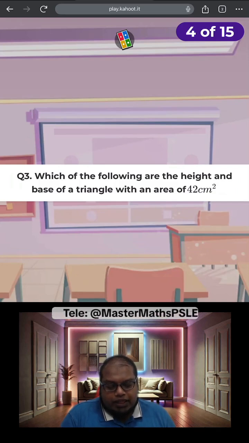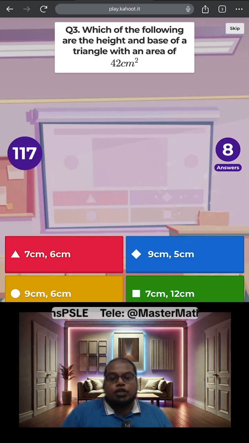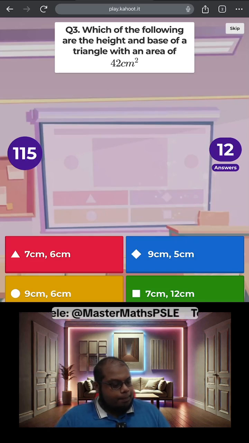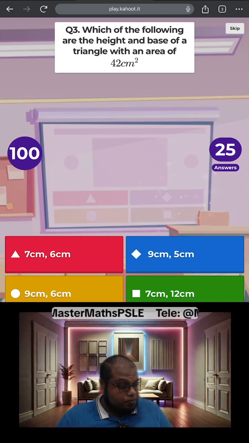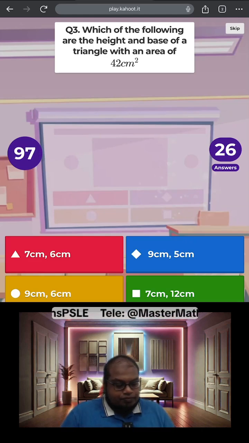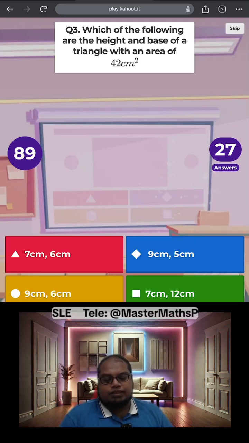Which of the following are the height and base of a triangle with an area of 42 cm square?